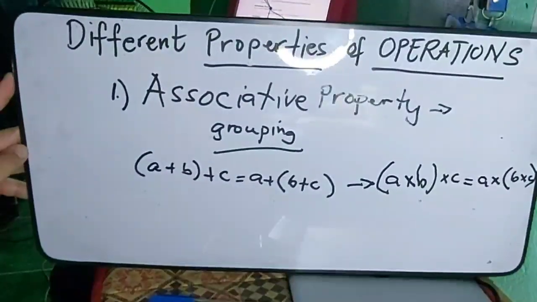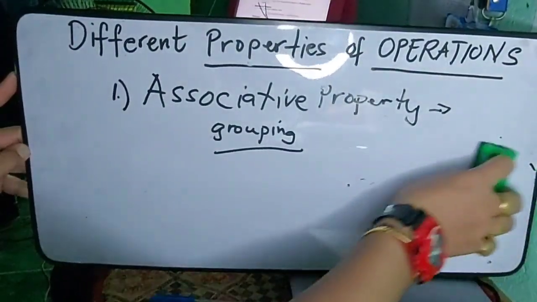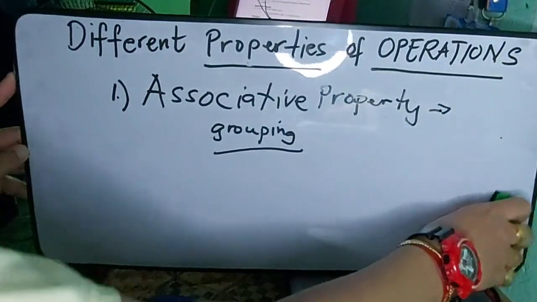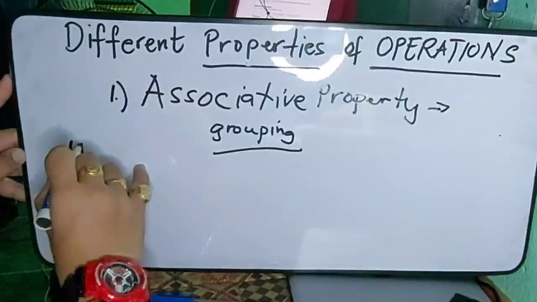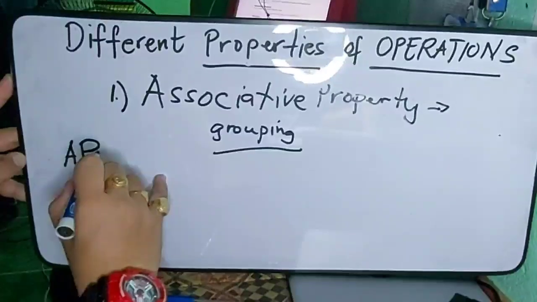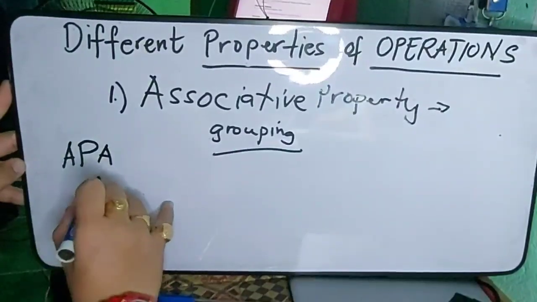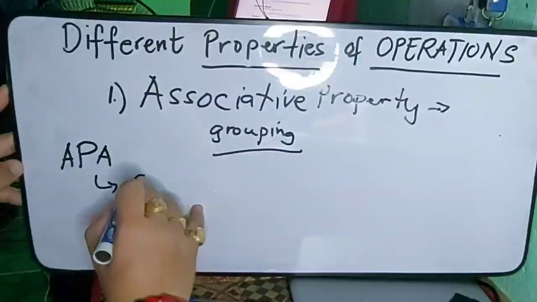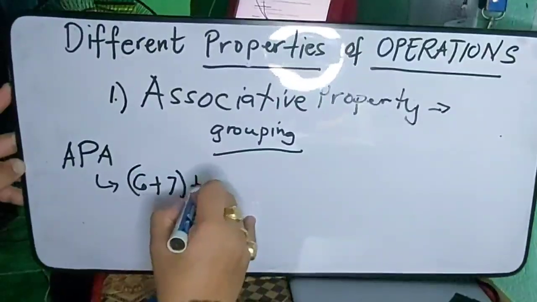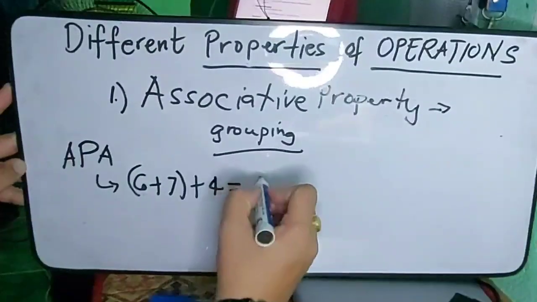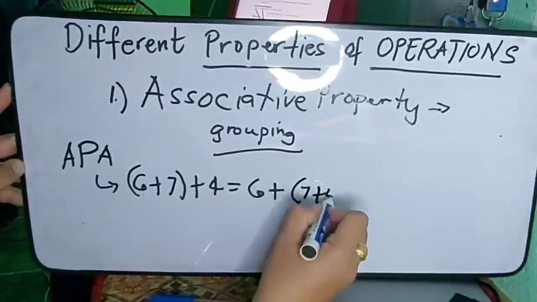Let's have an example for addition. This is the associative property of addition, or APA. For example, 6 plus 7, plus 4, is equal to 6 plus 7 plus 4 regrouped.